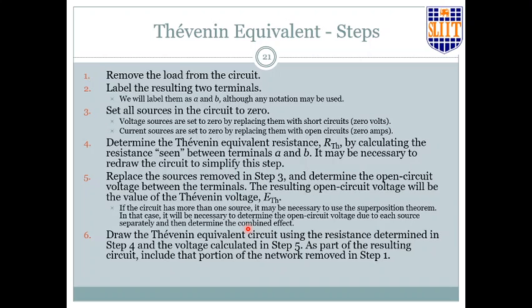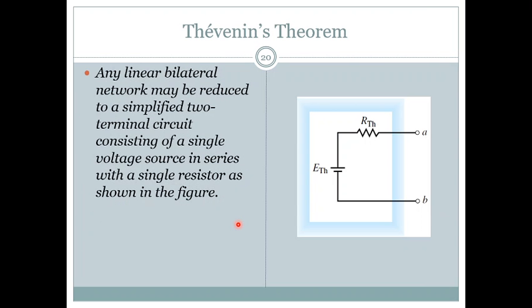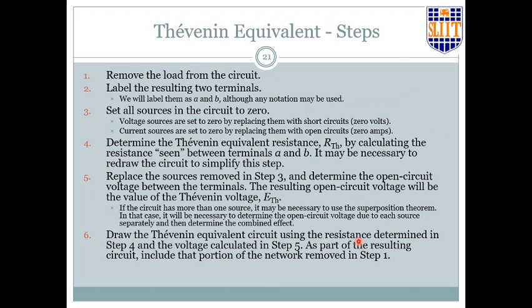Then you replace all the sources again and try to find the voltage across these 2 terminals when you don't have the load. So it's an open circuit situation, right?